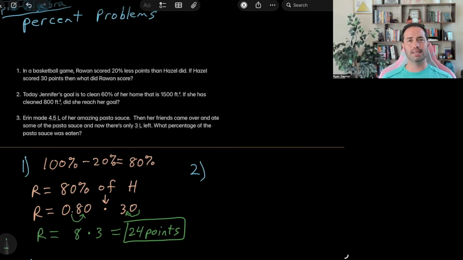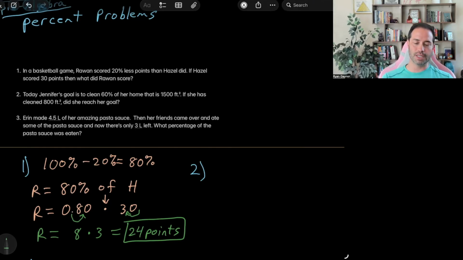All right, so our key words or phrases are 60% of her home. Then we know her home is 1,500 square feet, and we know she's cleaned 800 square feet. So here's what we do. We know that we're looking for 60%. So let's try to create that percentage and see if it lines up.